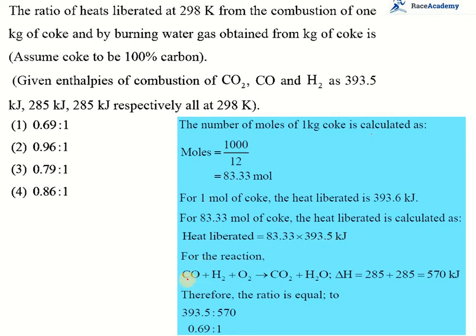As per the equation, carbon monoxide with hydrogen and oxygen gives carbon dioxide and water. In this reaction the delta H value we got is 570 kilojoules. This ratio is 393.5 is to 570, that is 0.69 is to 1. The first option is the right option for this one.